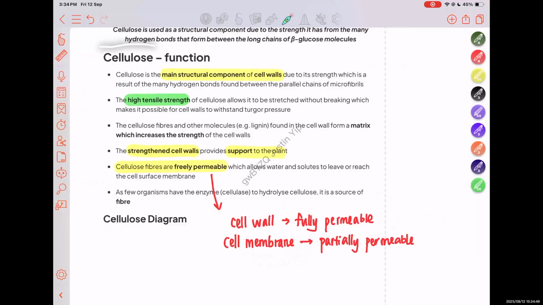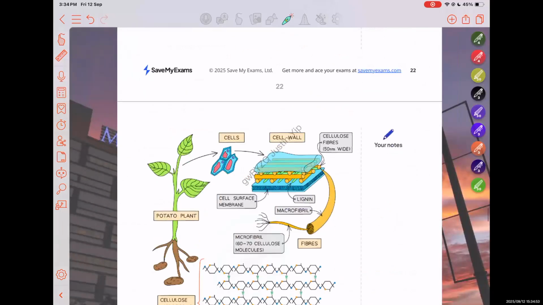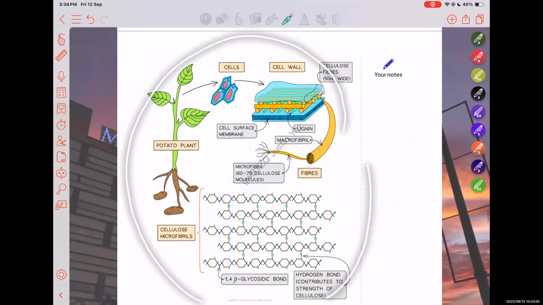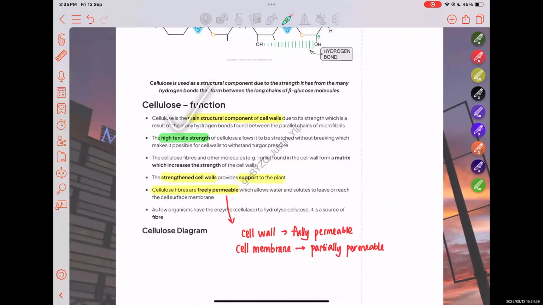So this is the cellulose function. This is their diagram, you can read through here. Okay, we are done with cellulose.